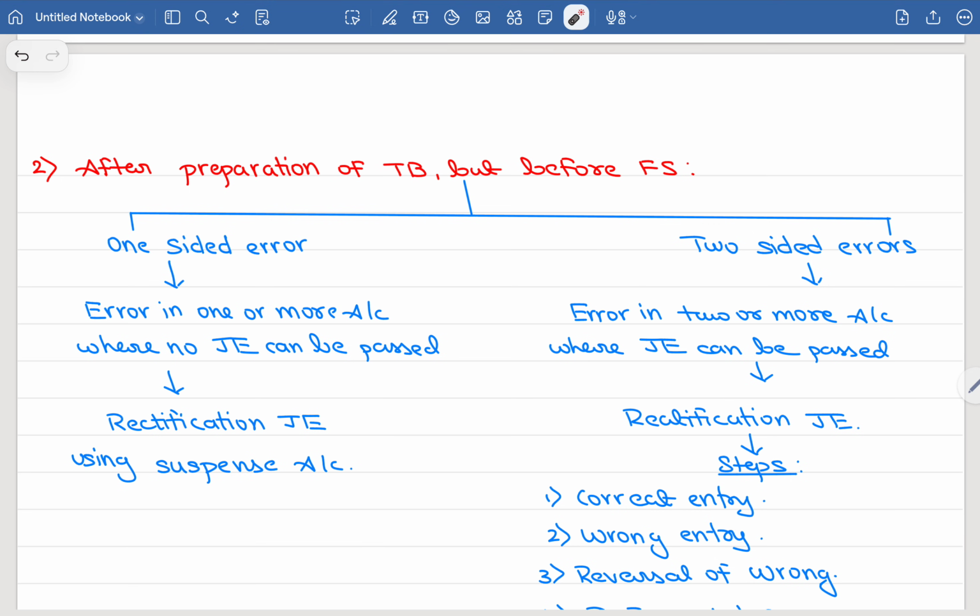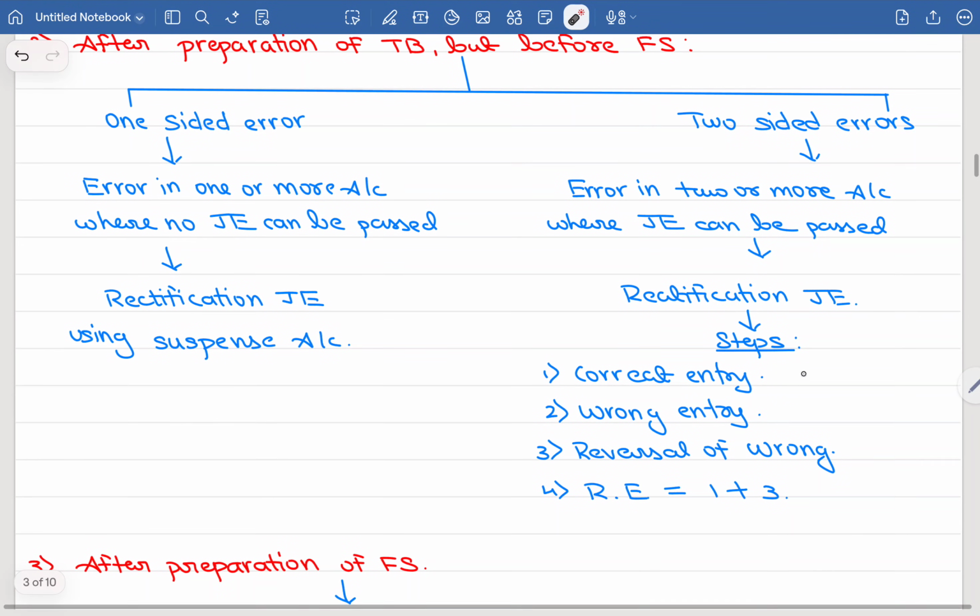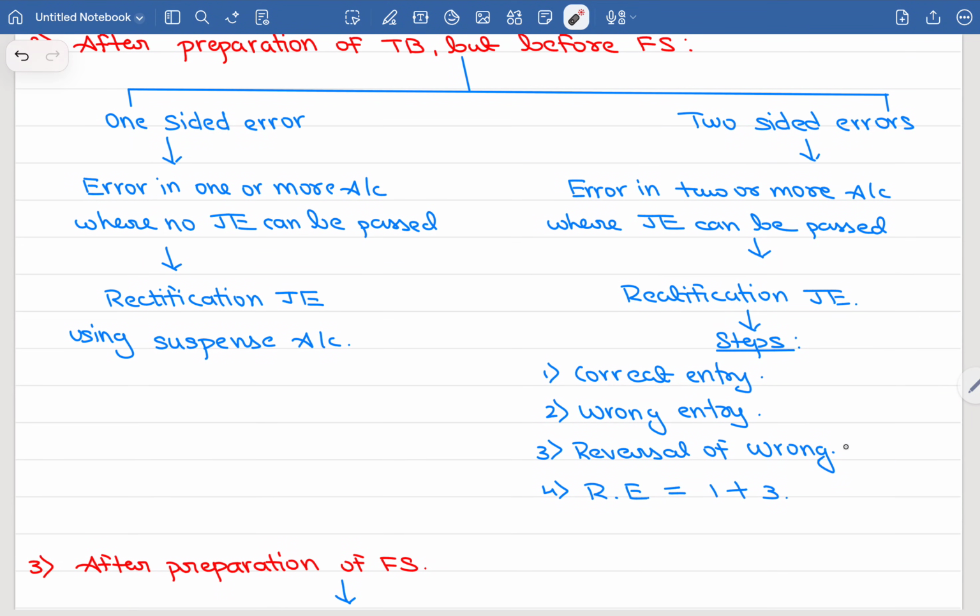So in case of one-sided error where no journal entry can be passed, we will pass the rectification entry by using which account? Suspense account, where both debit and credit aspect is not available. In case of two-sided errors, the steps will remain the same: correct entry, wrong entry, reversal of wrong entry, and then rectification entry, that is 1 plus 3.